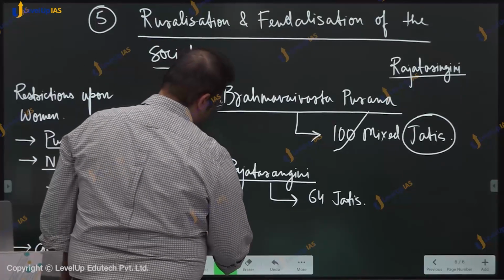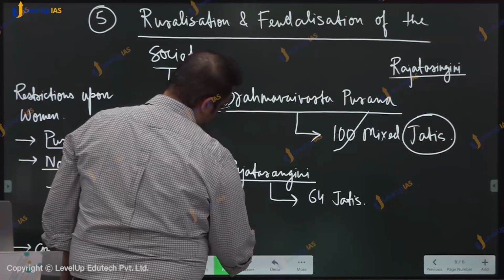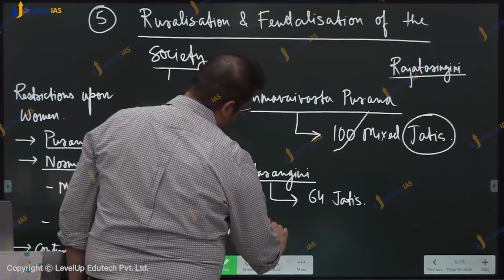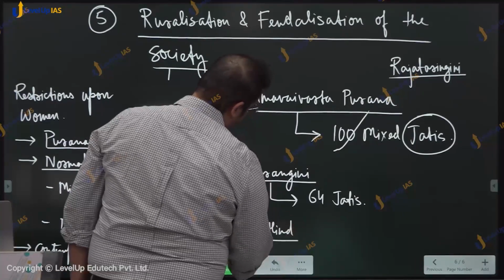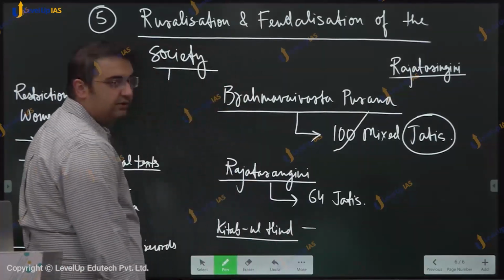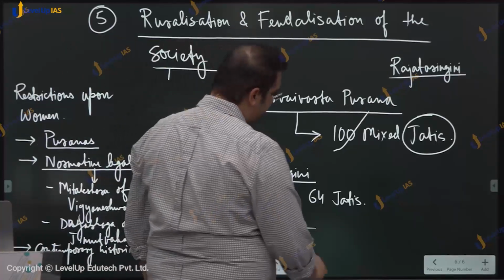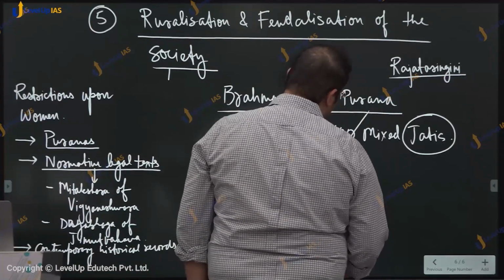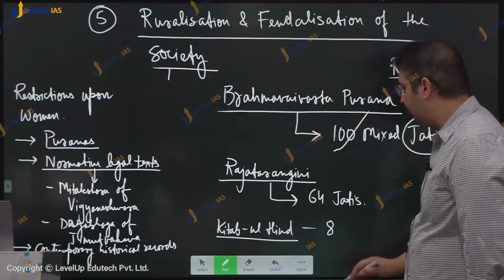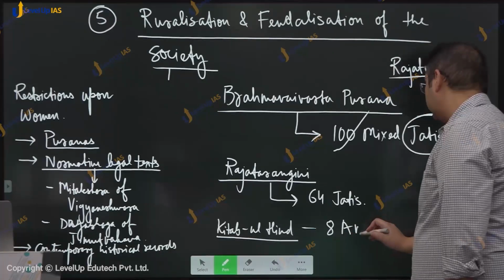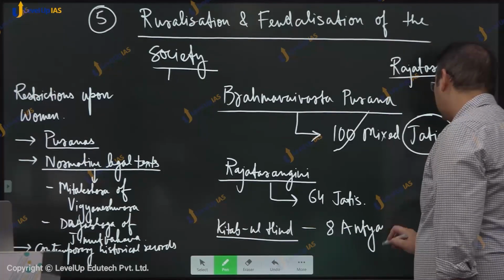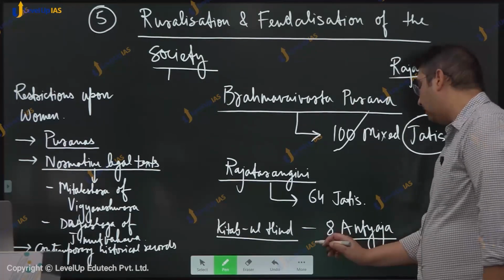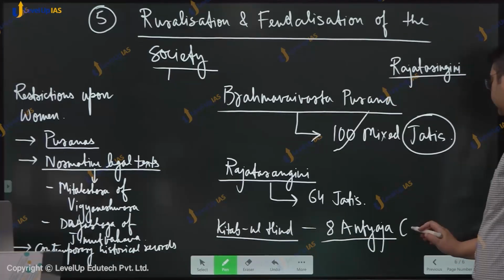The Kitabul Hind of Al-Biruni mentions the existence of 8 different castes of untouchables, or Antyaj castes.